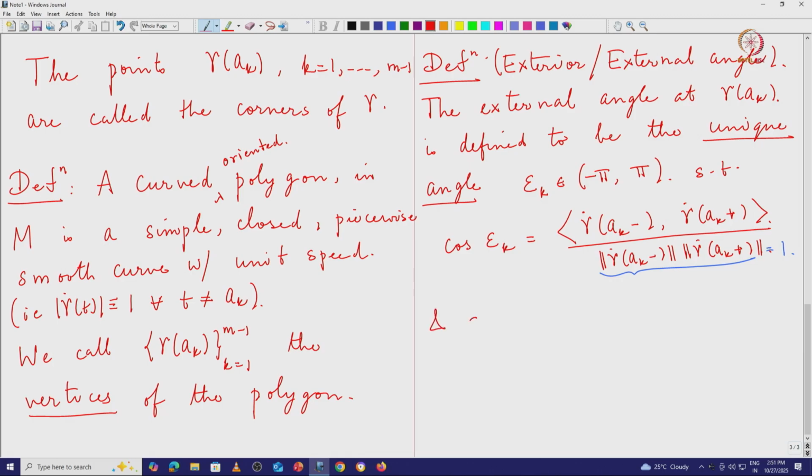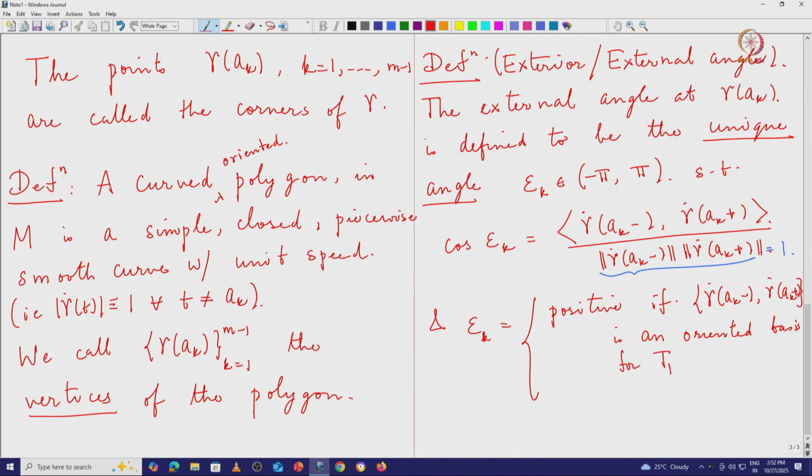And the sign of epsilon k is positive if gamma dot a_k minus, comma, gamma dot a_k plus is an oriented basis for the tangent space. Okay, negative otherwise.